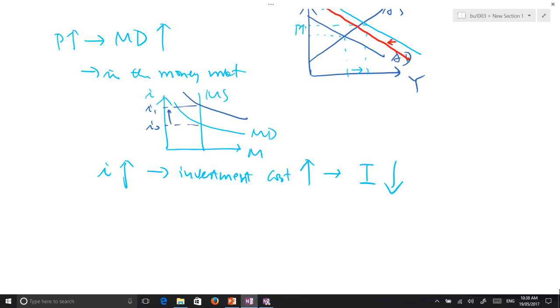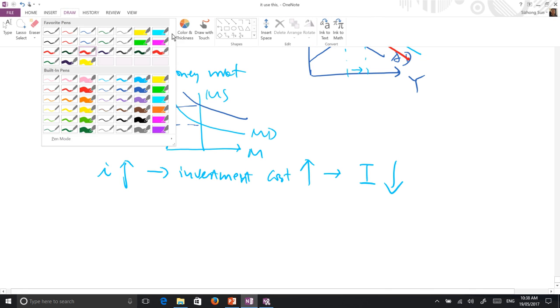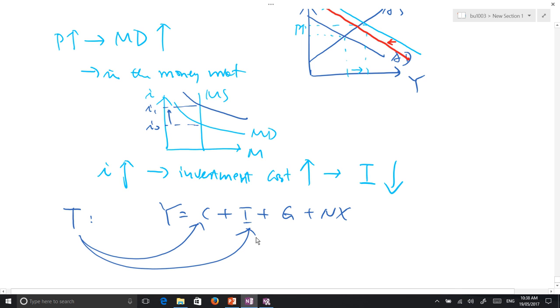increase or decrease spending G. The government can equivalently say we want to cut tax or increase the tax. So using tax, it should be noted that in the aggregate demand components, there's no tax. So tax will affect aggregate demand indirectly, say through consumption if it is an income tax, or through investment if it is a company tax.